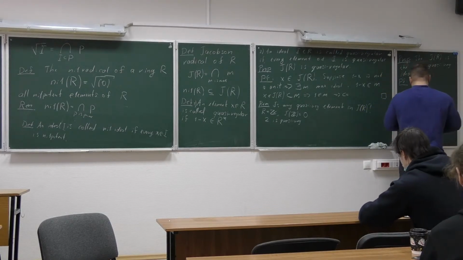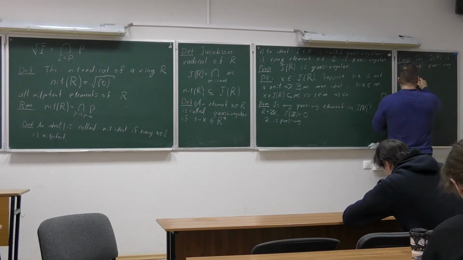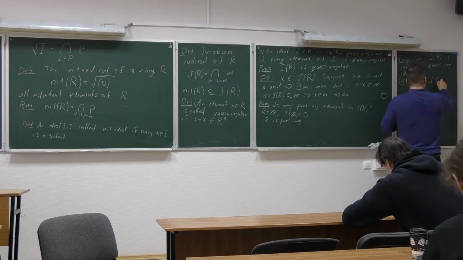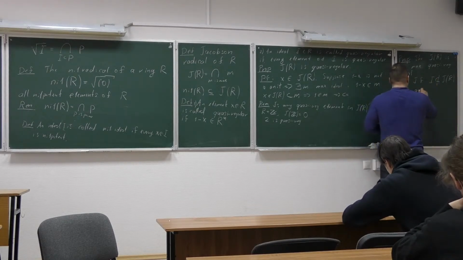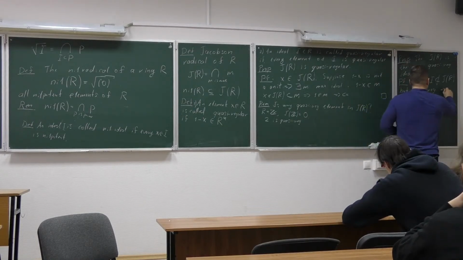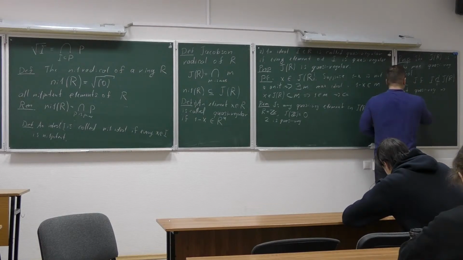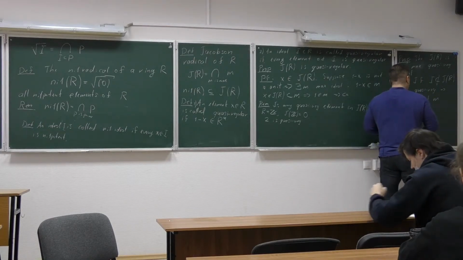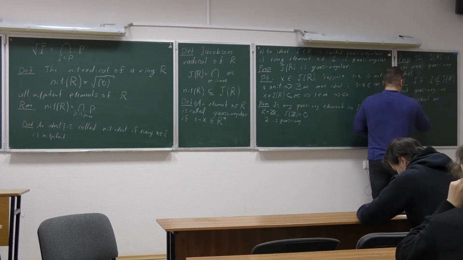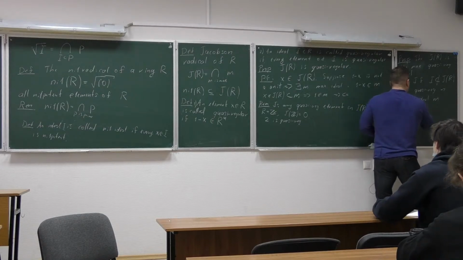So proof. If we assume that there is an ideal I which is not in the Jacobson radical, but quasi-regular, this means that there is again a maximal ideal, say M, such that this I is not in this maximal ideal.